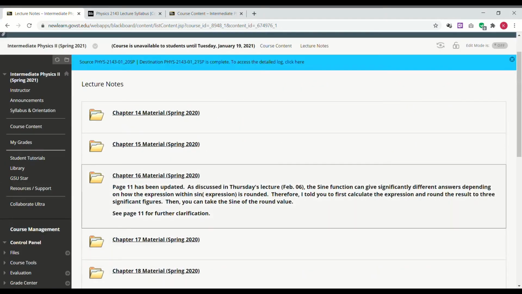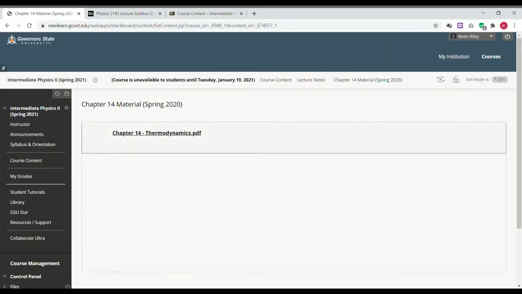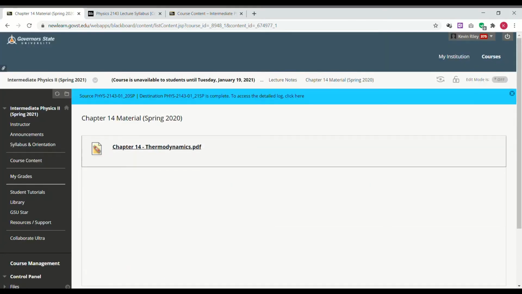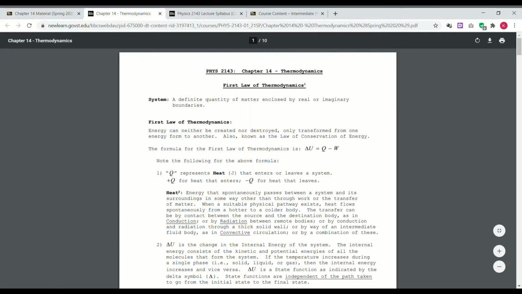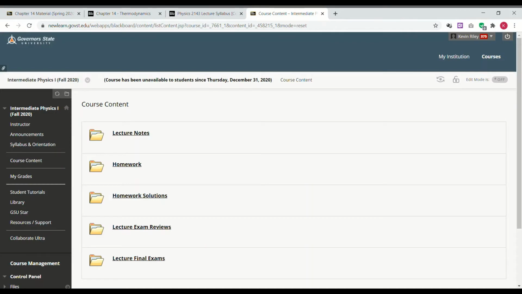You will know if a chapter folder is updated because it will say Spring 2021. And the question is, hey, what's in these folders? Well, right now, you got like a document. Okay, that doesn't do you too much good. So here's what I want to show you, give you a better idea. This is for the fall semester.